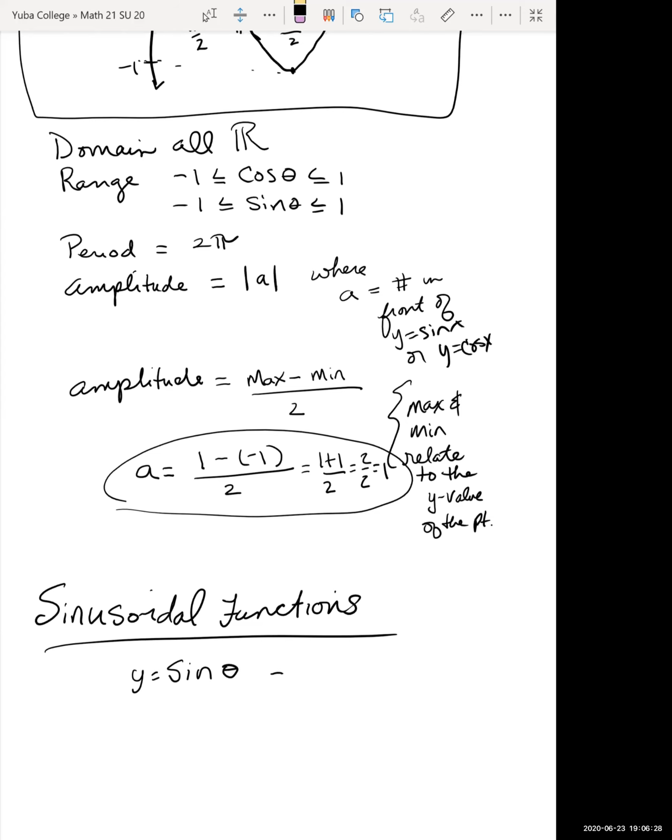Is it sinus? Is that an I? I don't even know if I'm pronouncing it correctly. Sinusoidal curves.